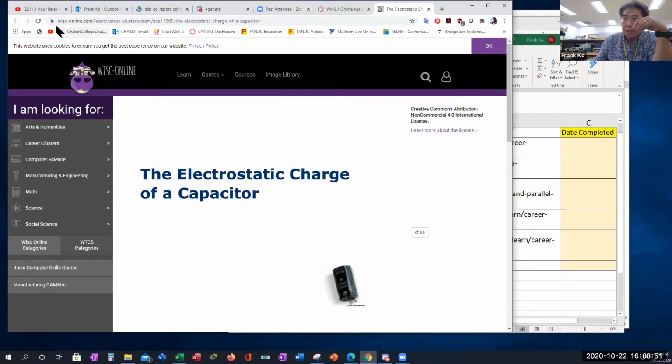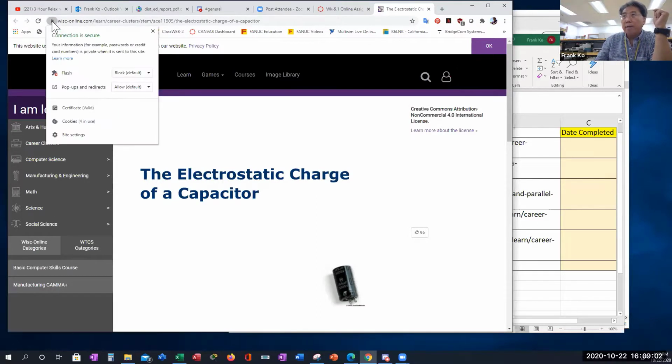If you look at the address bar, there happens to be a padlock on it. If you can't see these for any reason, click on that padlock. You can see that we don't want to block Flash, we want to allow Flash, and we want to allow pop-ups and redirects.